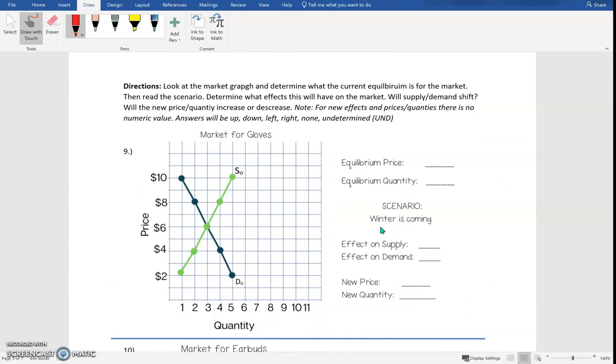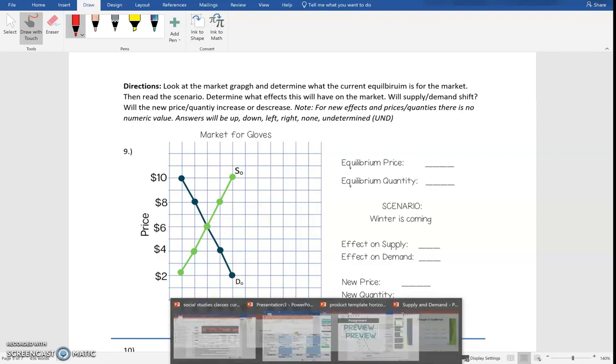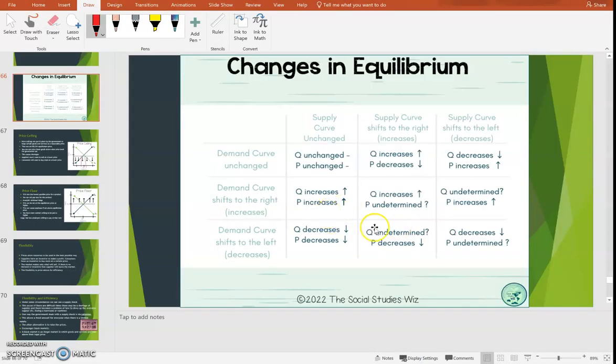You may notice that with some of these, you shift a curve, but you don't know if the price changed, okay? Again, refer back to this chart because there are some points where, if the supply curve increases and the demand curve increases, we don't know to what degree, so my price is undetermined, okay?